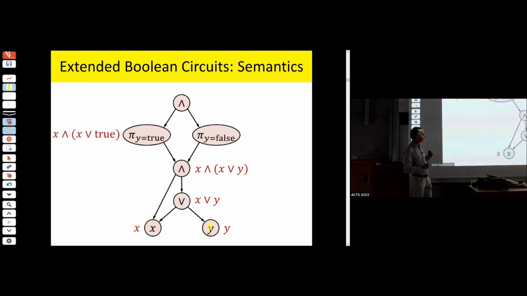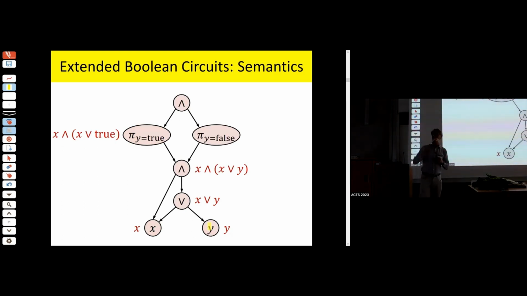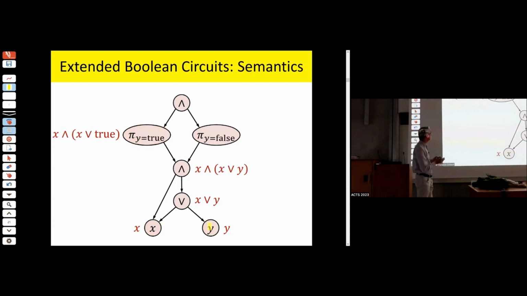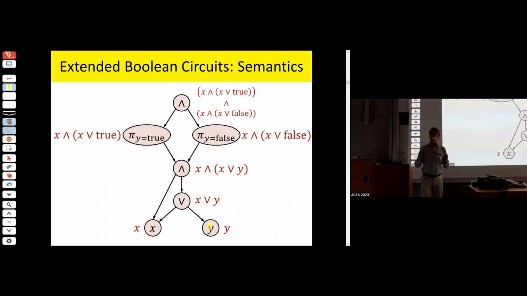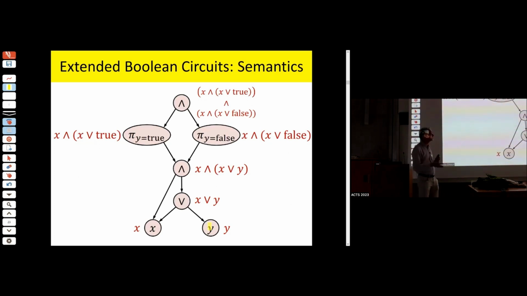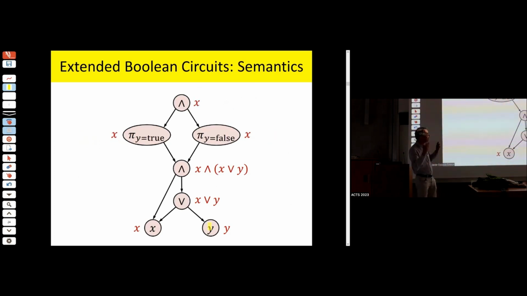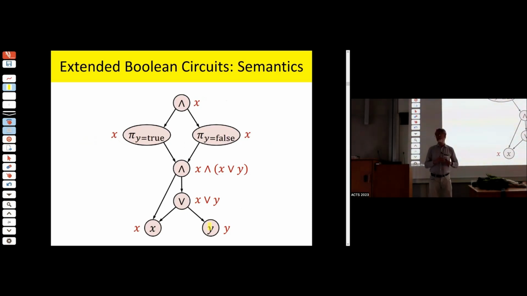And now what do we do when we have one of these partial evaluation nodes? Well, it's what you would imagine, right? We set Y to true, okay? And then you get that formula. And on the other side, you get that formula, and at the top, you get the AND of the two formulas, okay? Good, and then of course, if you apply the standard simplifications, you will get that the formula represented by this particular extended Boolean circuit is just X.